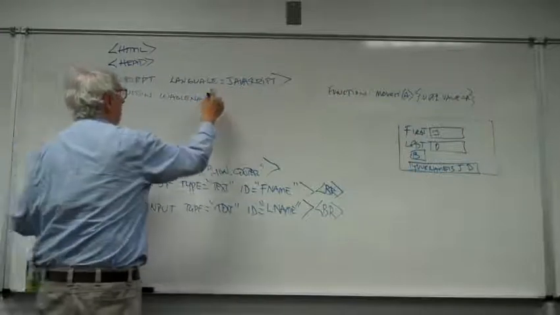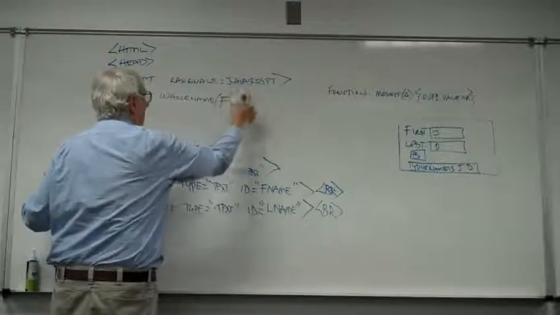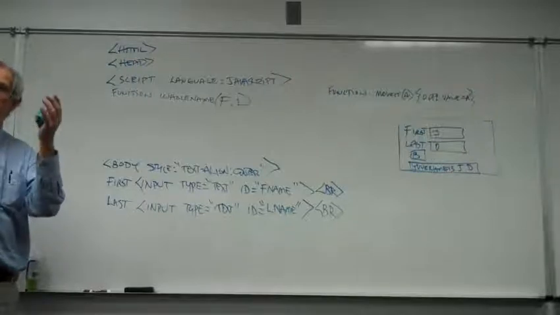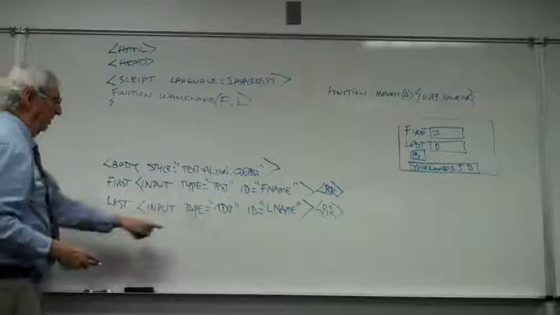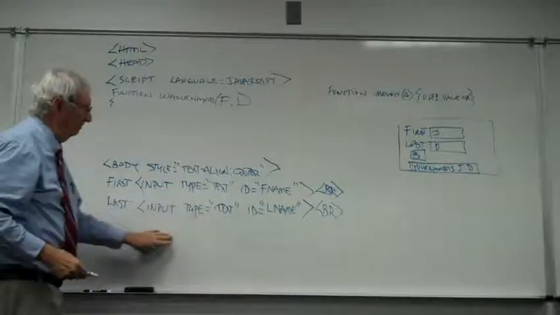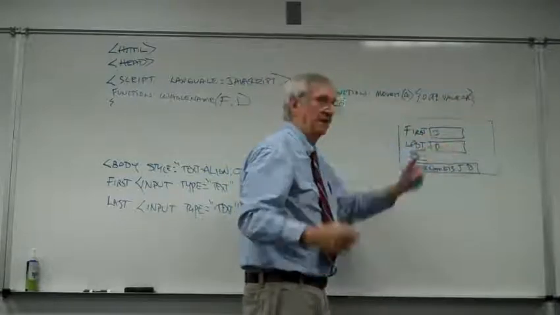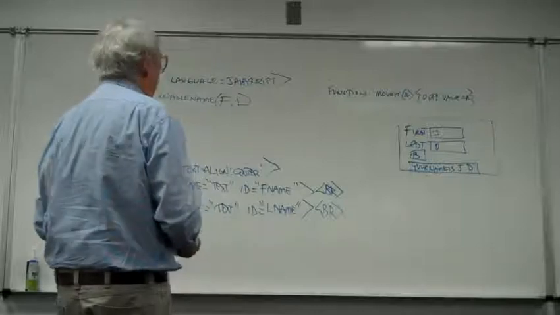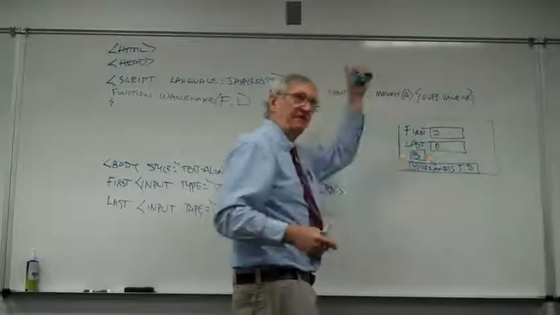The name of the function is wholename, and they're going to send up F and L. Those are going to receive two different variables, F and L. First name and last name are both going to come up to my function. Okay? There it is right there. So now I have to put a button down right here that will send up that and that up to this program. So I'm going to send the fname and the lname up to the function.